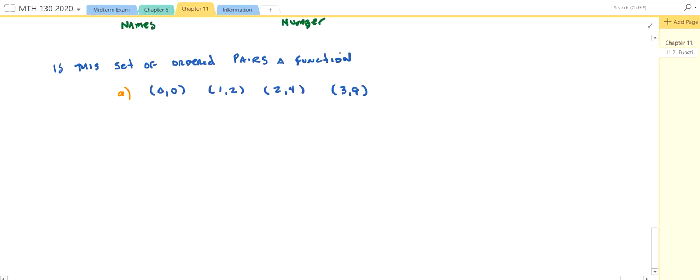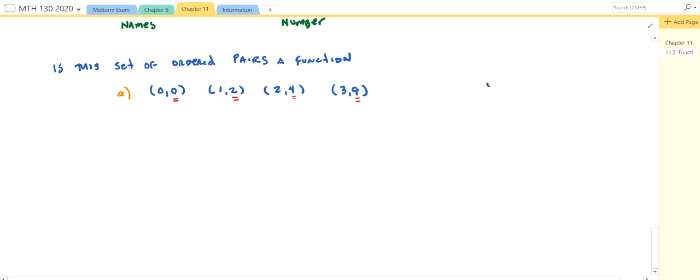Or better expressed, in each of these situations, is the second of the pair a function of the first?